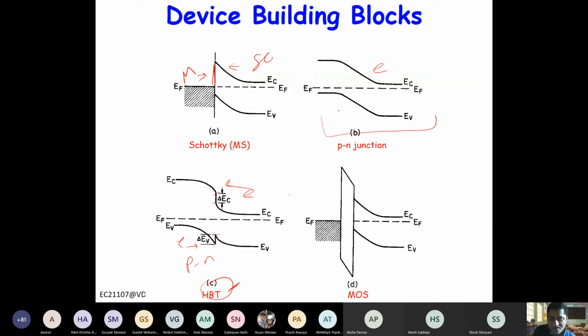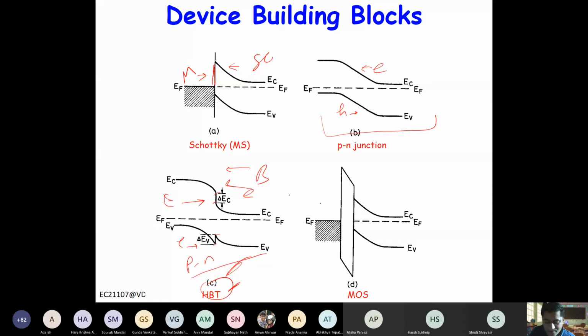But in the case of a PN junction, the barrier for electrons and holes are the same. So this type of junction can be useful in designing high efficiency emitters, so that carriers go from the emitter, and carriers from the base are not going, right? So that will have good gain.